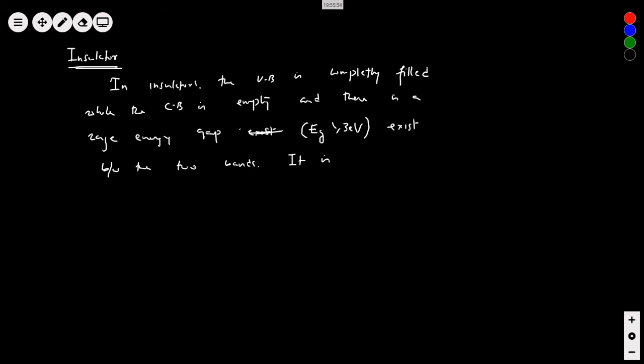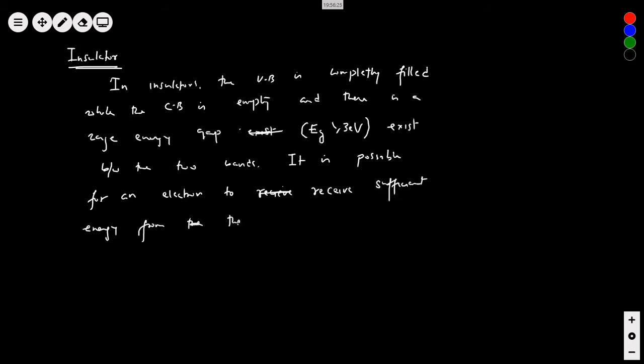It is not possible for an electron to receive sufficient energy from thermal agitation. Now what do I mean by thermal agitation? It means from the temperature.